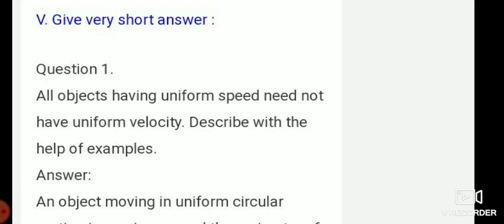First, write the first one: all objects having uniform speed need not have uniform velocity. Give reason. We have to explain with an example.